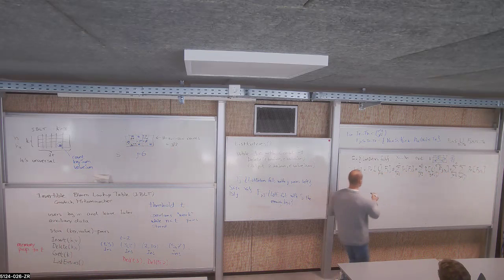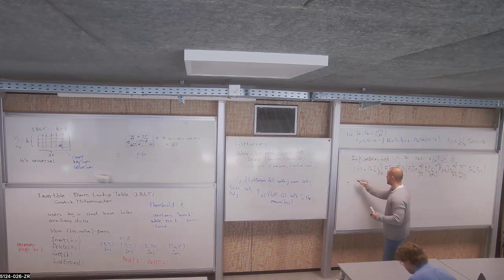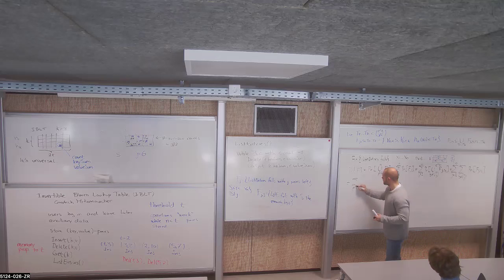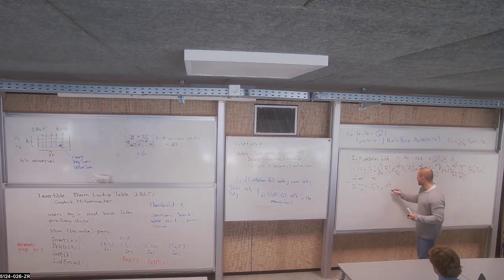So now we can continue here and say this is less than or equal to the sum over S in n choose J, sum over T1 to Tk in e squared t choose J half.